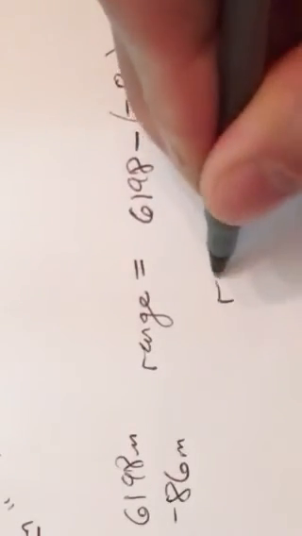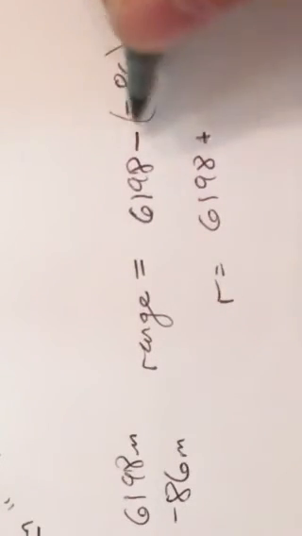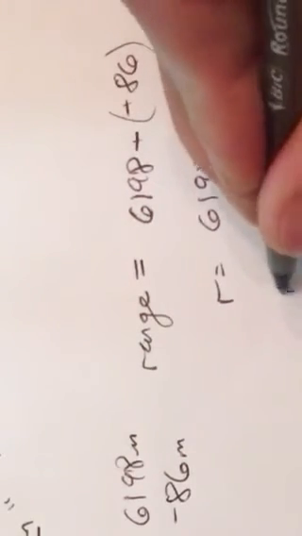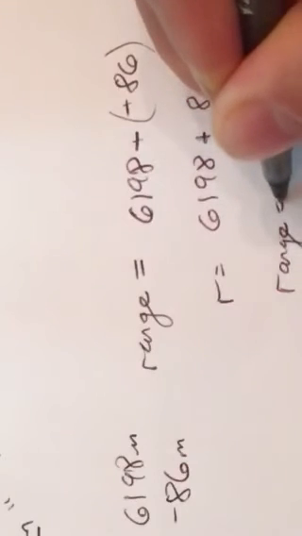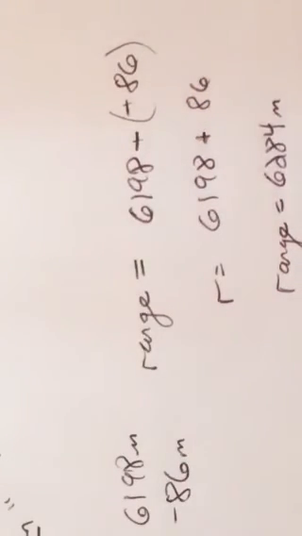Right, and you can put that in parentheses like this. So the range is equal to 6,198 plus, right, add the opposite, plus 86. Add those two together, and the range equals 6,284 meters.